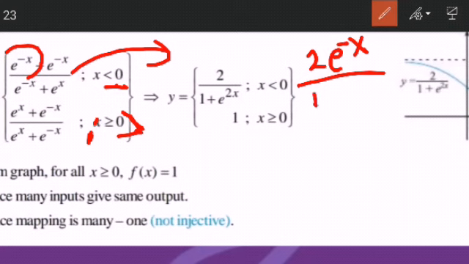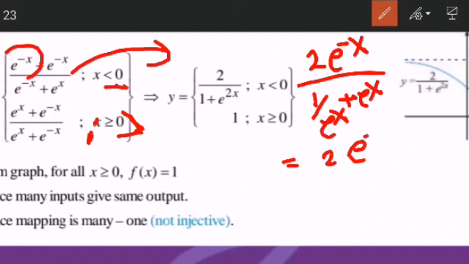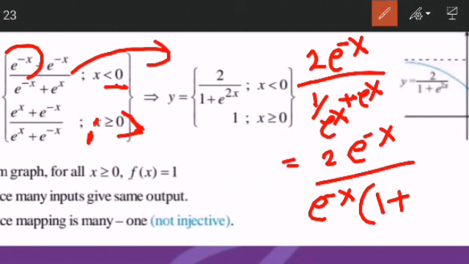2 e power minus x, if you take e power minus x common over here, then we can say 1 upon e to the power 2x.